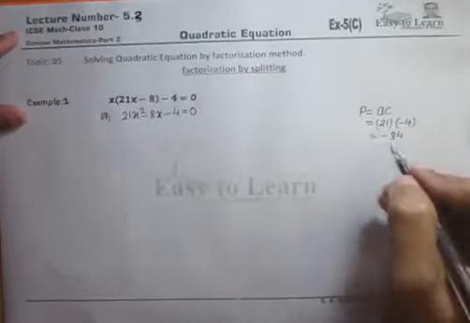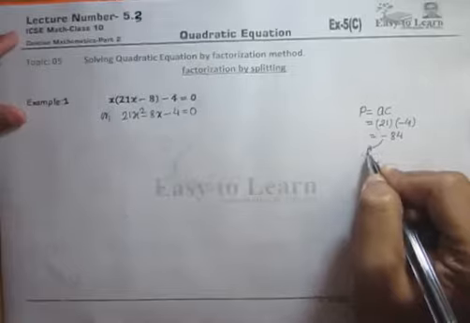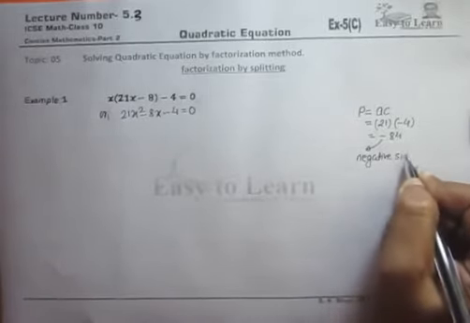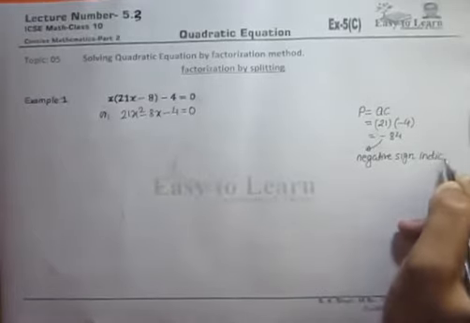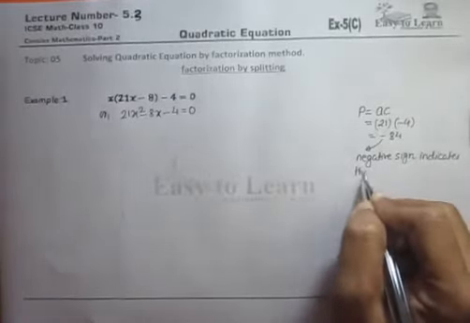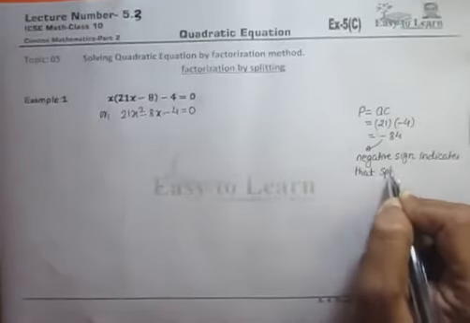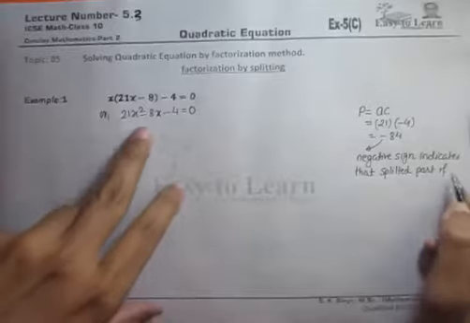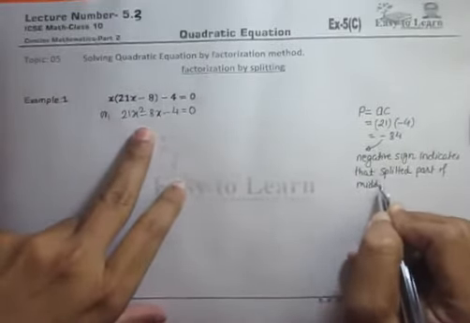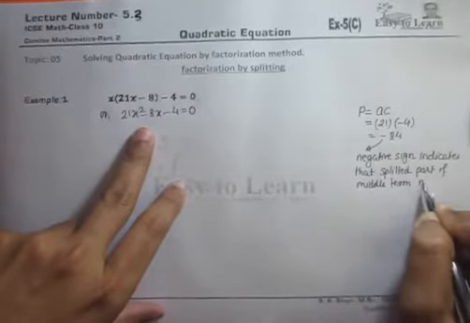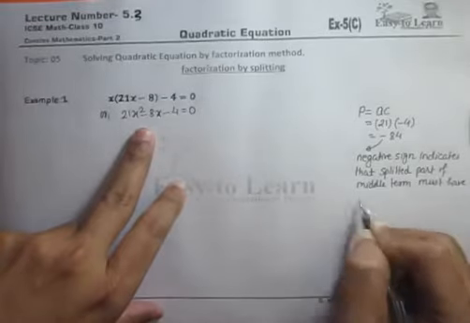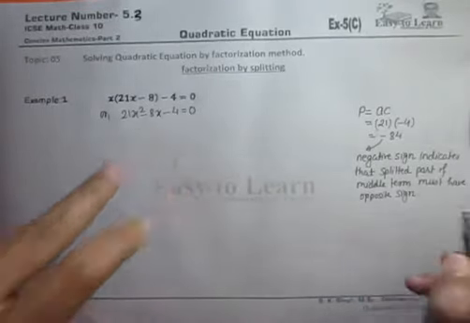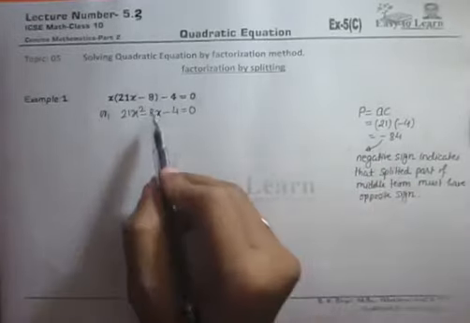Now since the product is negative, this negative sign indicates that the split parts of the middle term must have opposite sign.